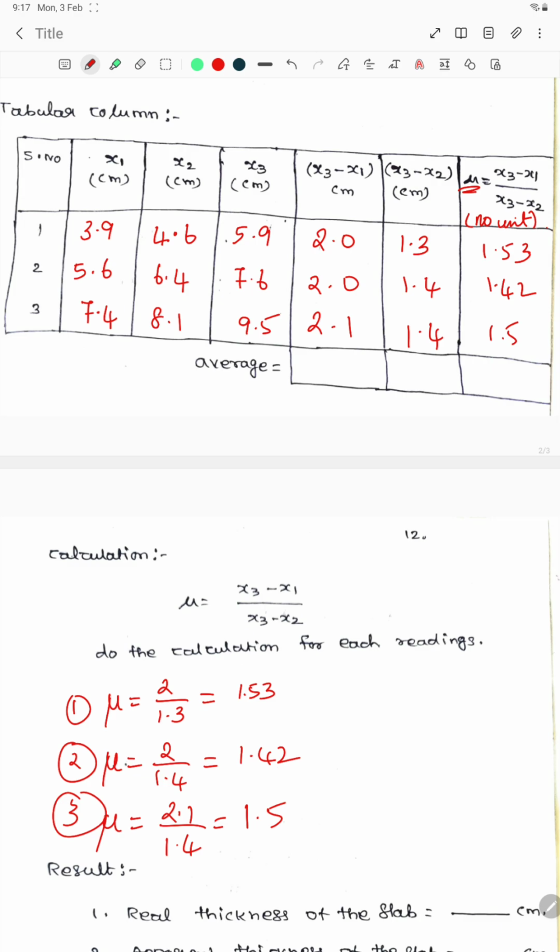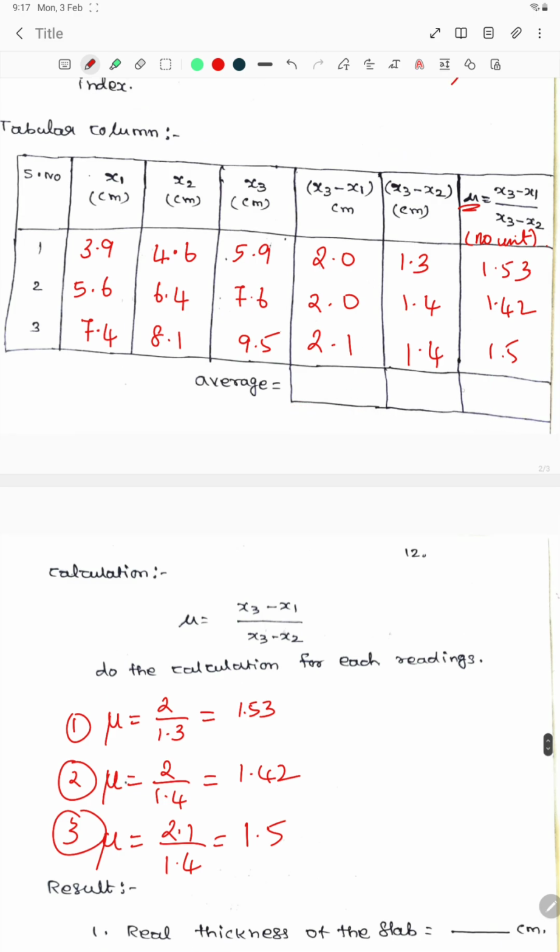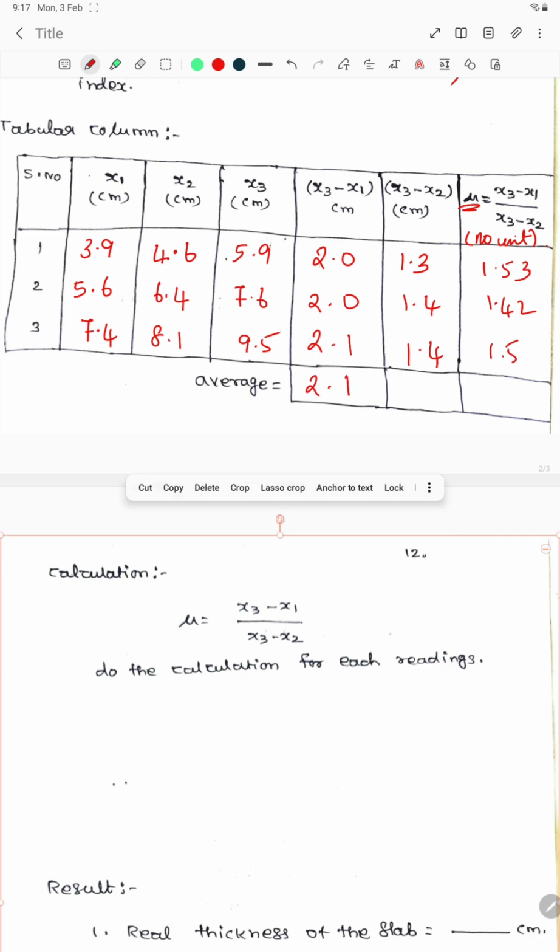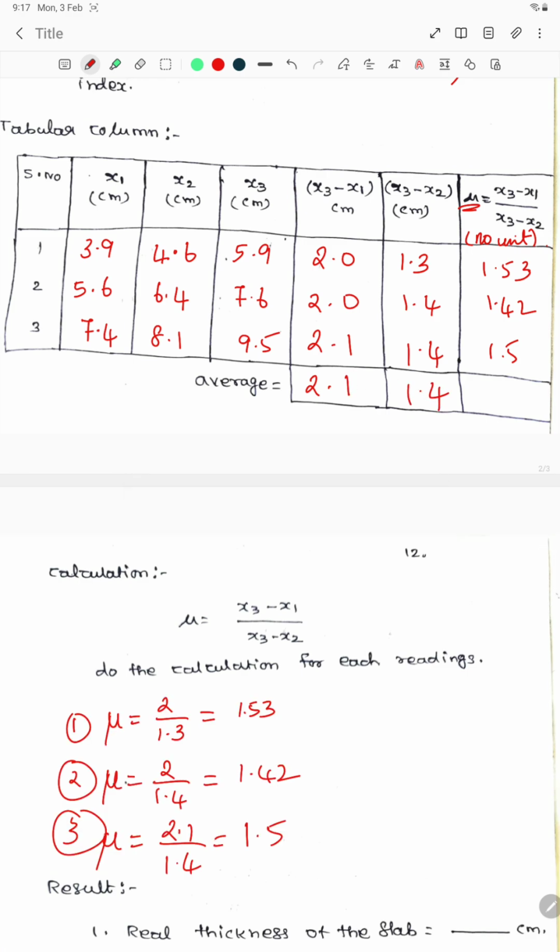Then you have to take the average of these three values, because you have to show the real depth, the apparent depth, and the average value of the refractive index. The real depth average is around 2.05, so you will get 2.1 when you round it off, then 1.4, and then 1.5. We are rounding off to one decimal place.